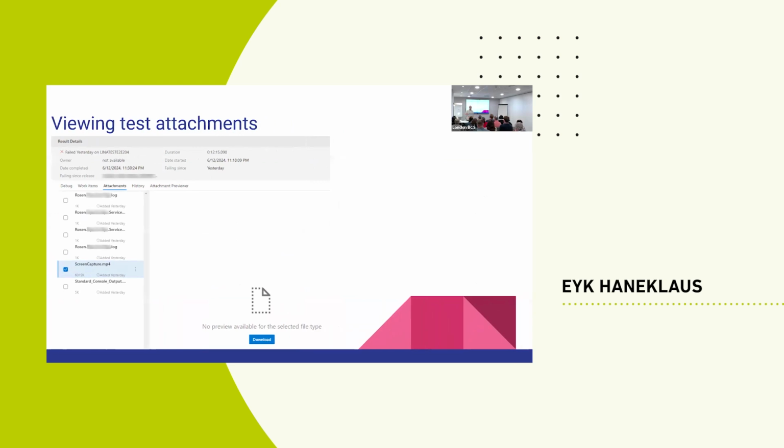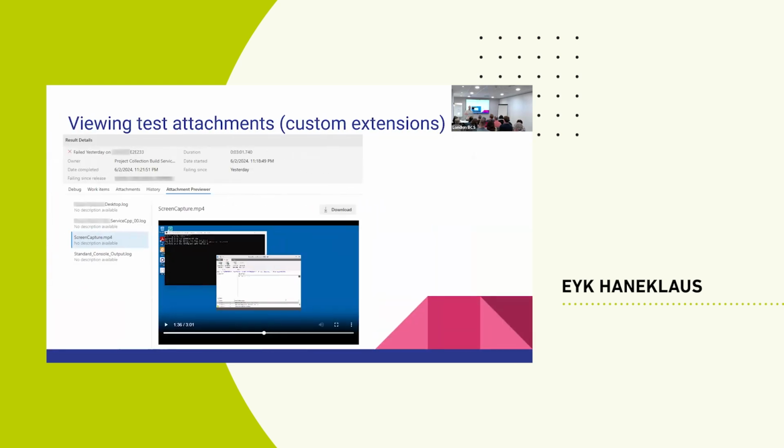That's not good. This is why we have created our own custom extension in order to view our attachments directly in the browser. You see, it's an additional tab here in Azure DevOps. This extension can review our screenshots, PDFs, comparison charts, whatever, and videos.